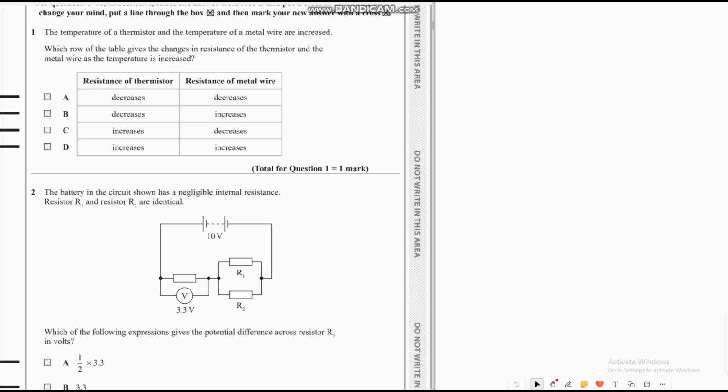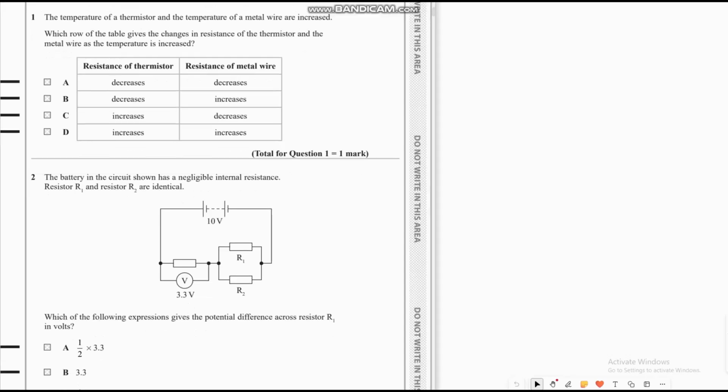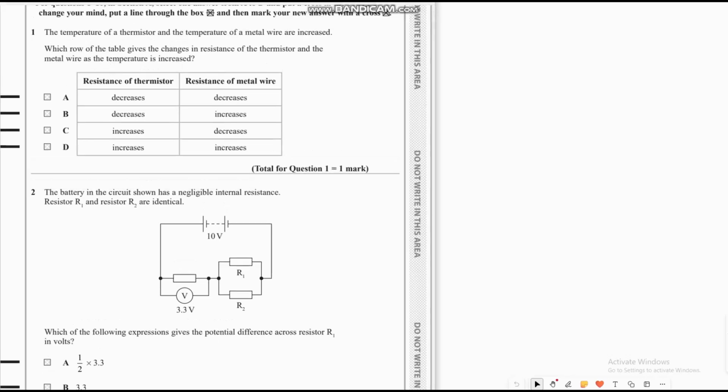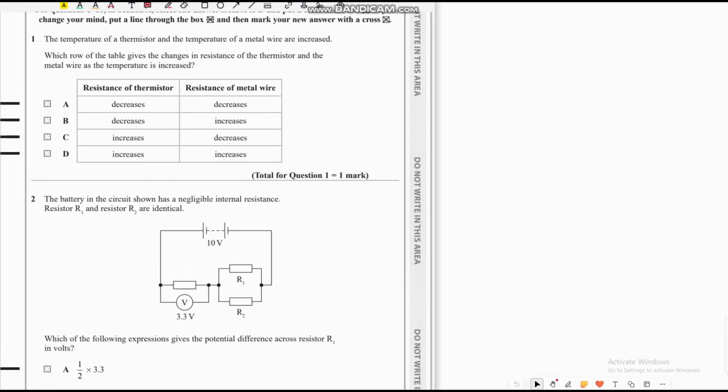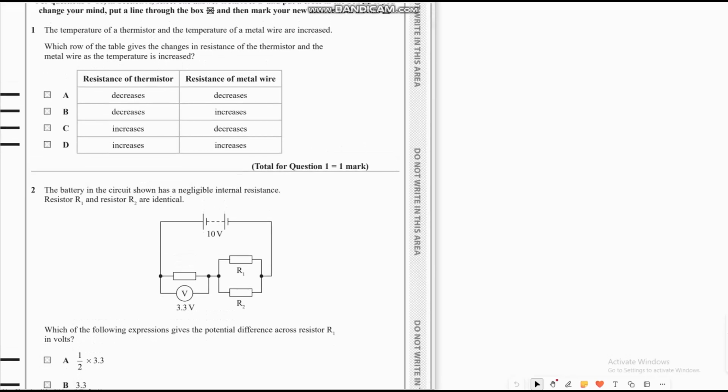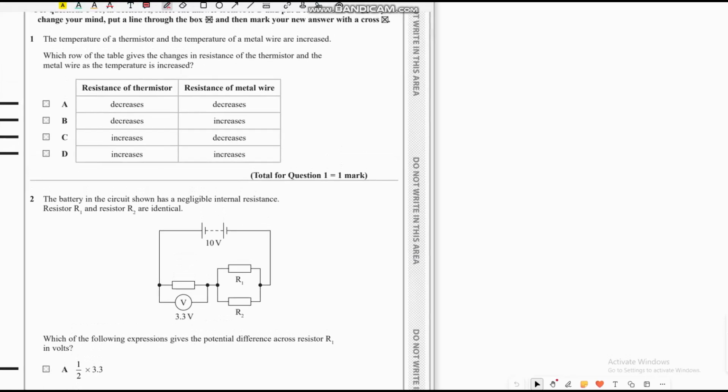So with that understanding, you can go to the answer: the resistance of the thermistor would decrease and the resistance of the metal wire would increase. Right, we'll move to the next question.